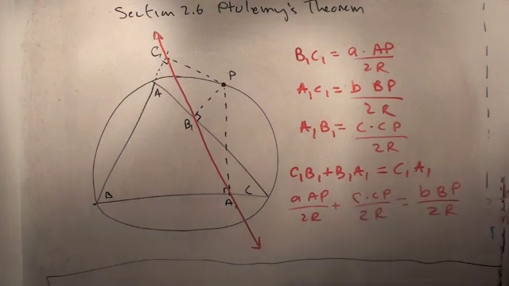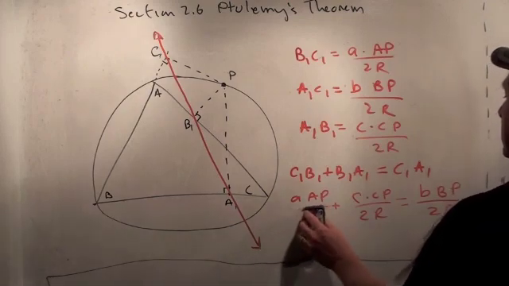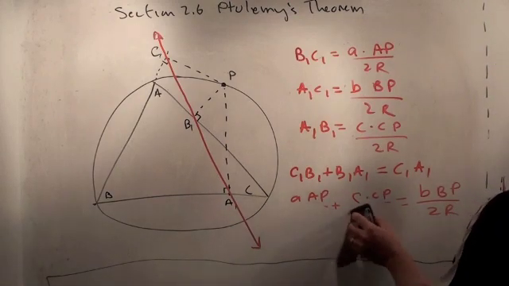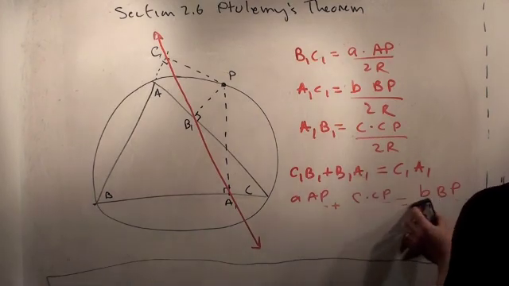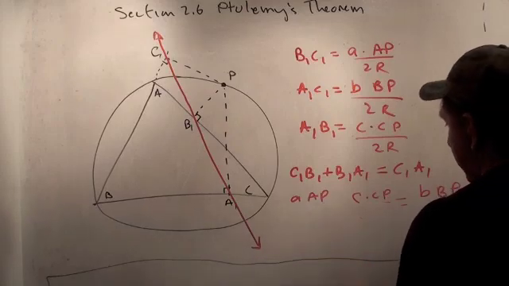Now, everything's divided by twice the radius of the circumscribed circle, so we'll just delete that. Just multiply that all out. We have an interesting little formula. And I just want to check that this interesting little formula is in view of the camera. Yep, it is. Okay, so what does this mean?